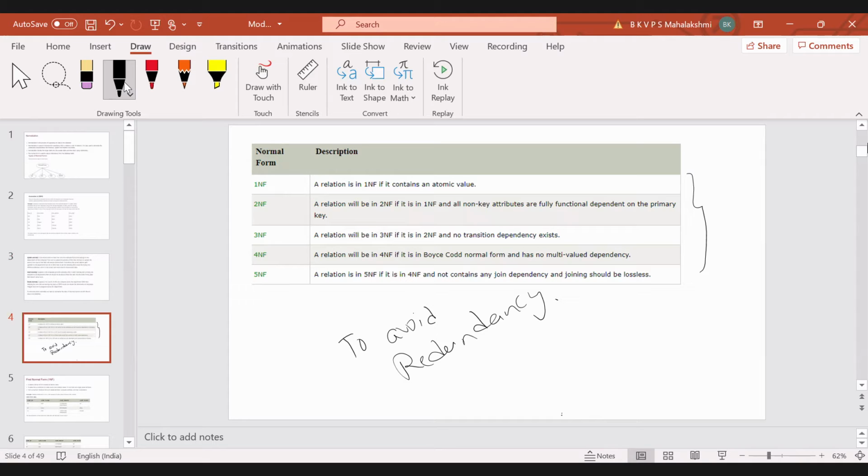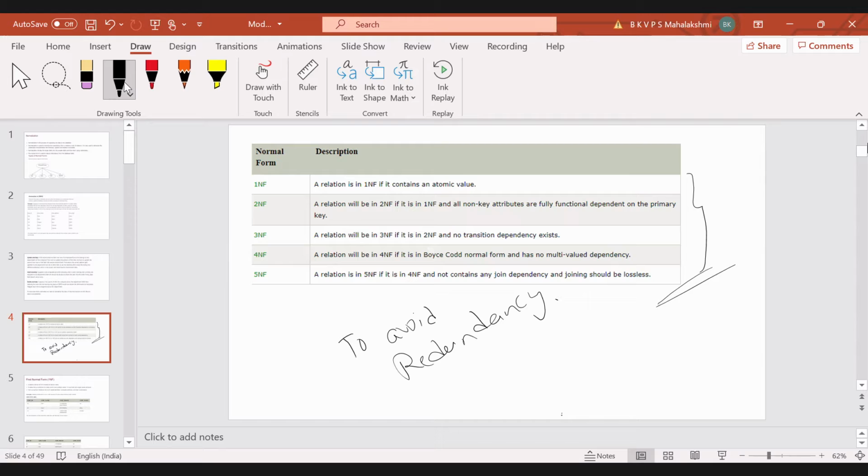Suppose it satisfies the fifth normal form also, then we can say that it has no redundant data. We can tell about the redundancy, whether the relation has redundant copies of data or not. So like that, it will help us.